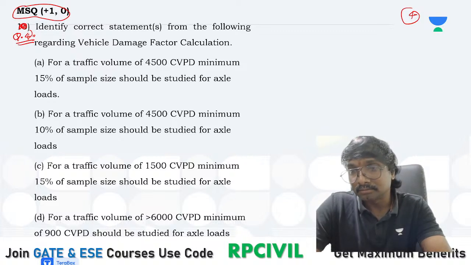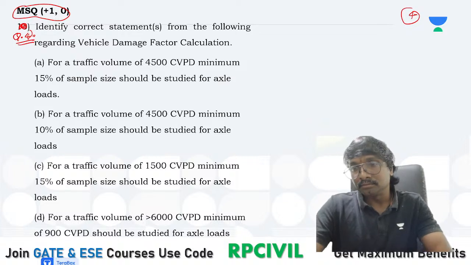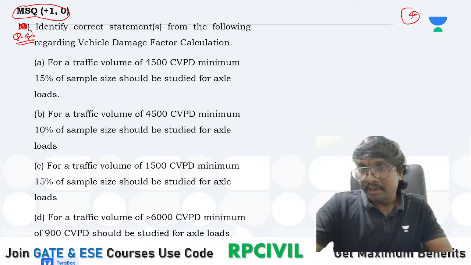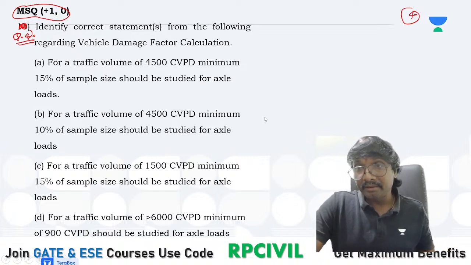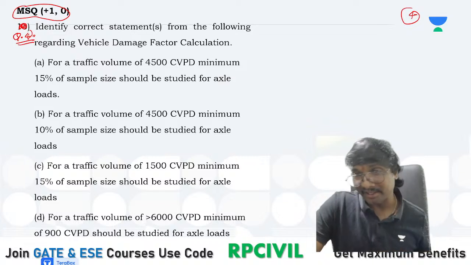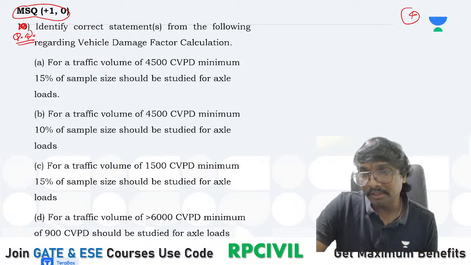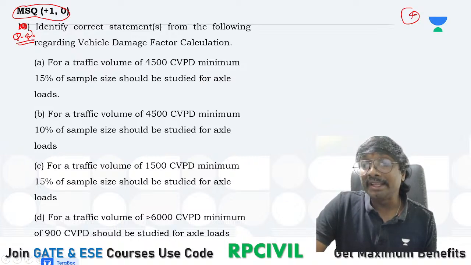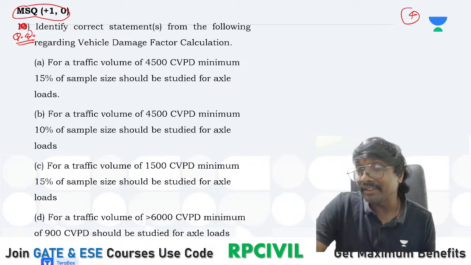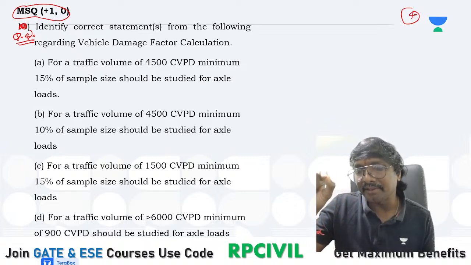Are you asking about the F1, F2 factors? Generally, when you are doing that design, then you have to consider those, based on other parameters also. But here directly we have to take that factor as one only.